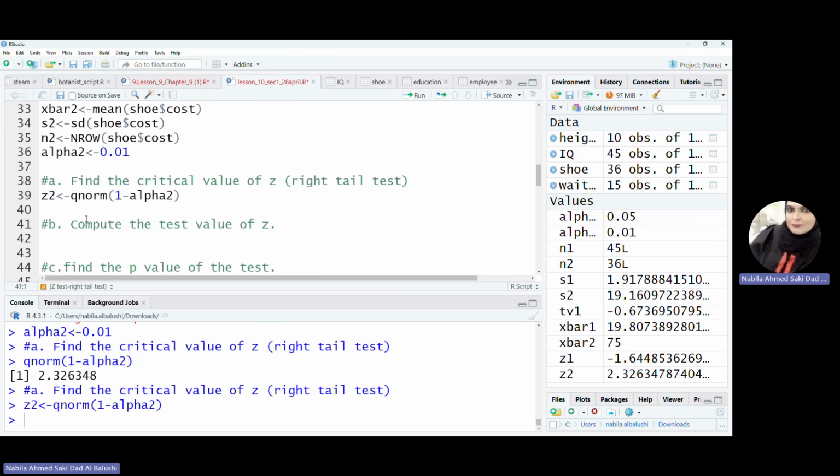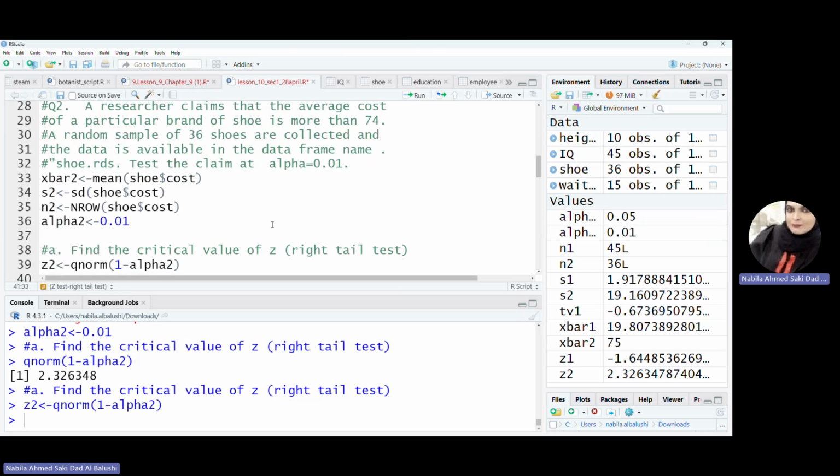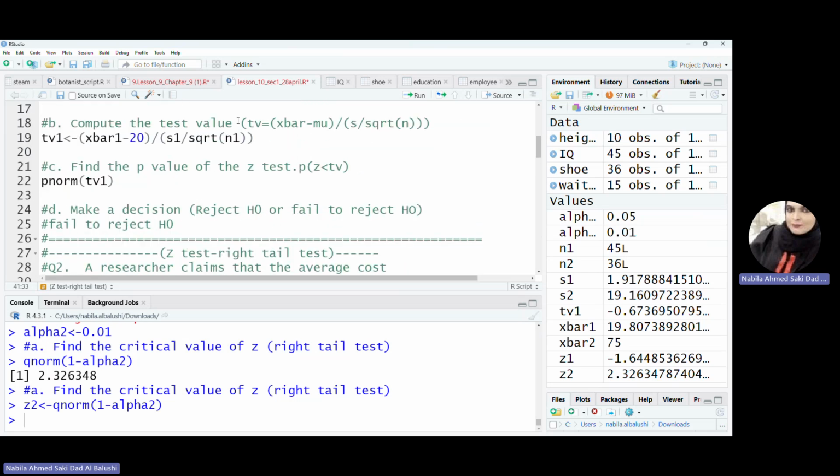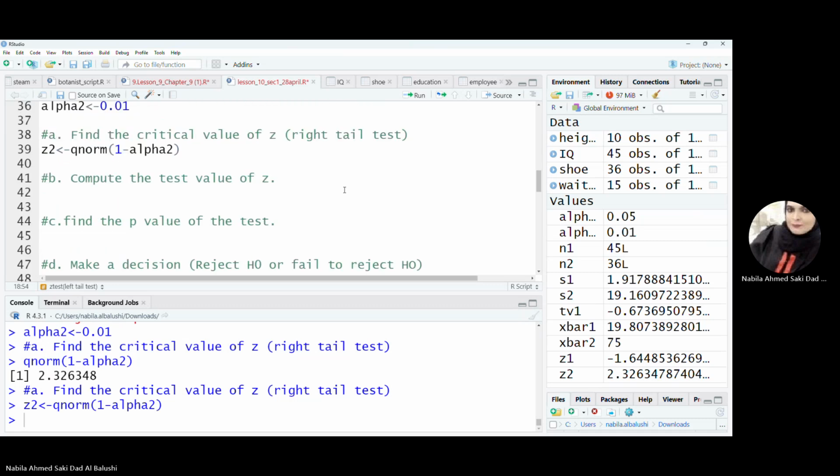Compute the test value. Okay, how do we compute? We've studied before. To compute the test value, we use this formula. So we'll use it again here. We'll save the value of the test statistic under TV2.